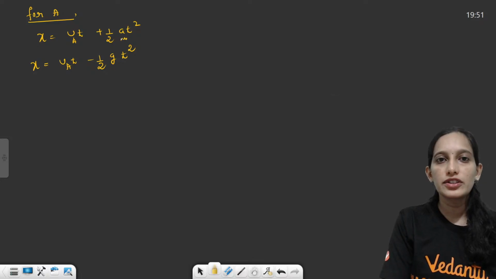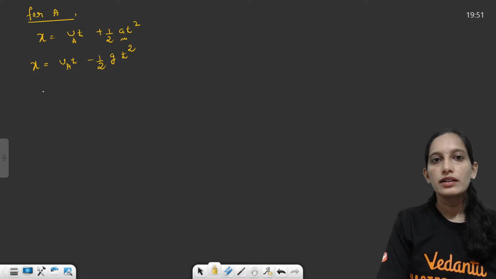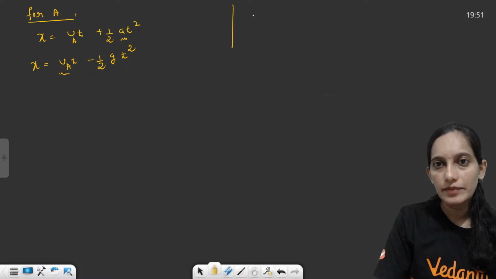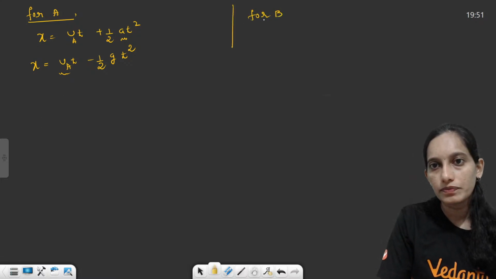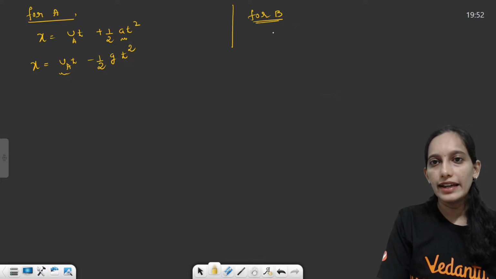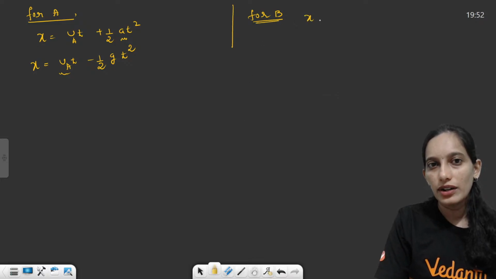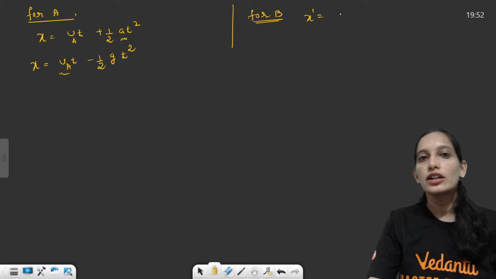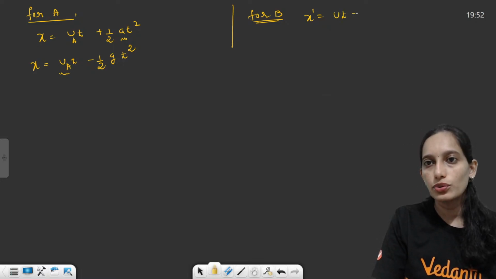I have replaced a by minus g, and u is our ua. Similarly, for ball b, I'll say x dash, because that is not x, so you may get confused later. So x dash is equal to ut plus half at squared.